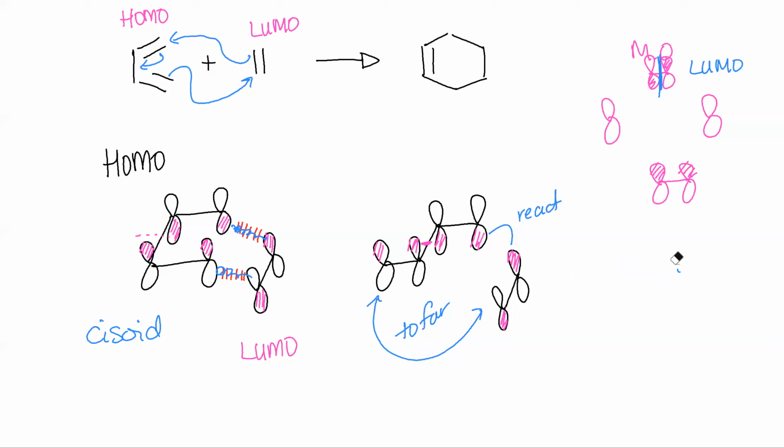Well, the interesting part is that if I was to draw, say, a carbonyl here, let's just make it a ketone. The LUMO of this ketone is still consistent with the LUMO of basically just ethylene. This is the LUMO here.